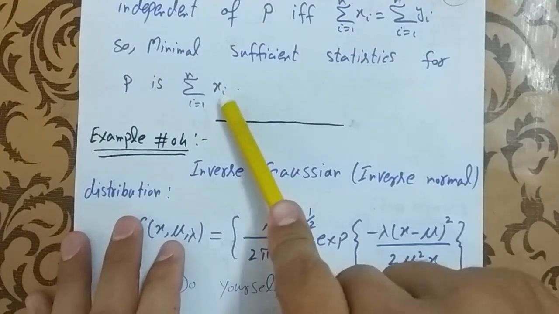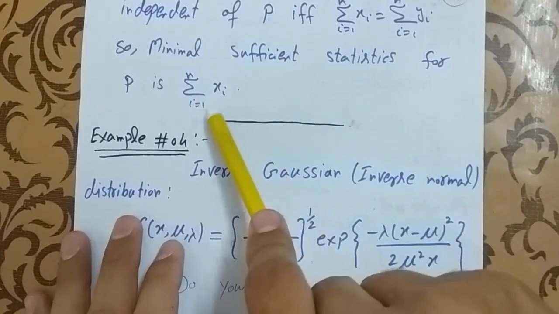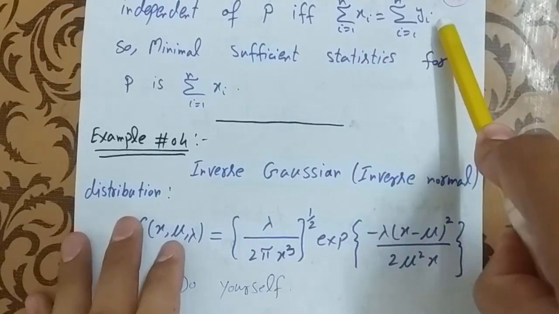You can write summation yi instead of summation xi.